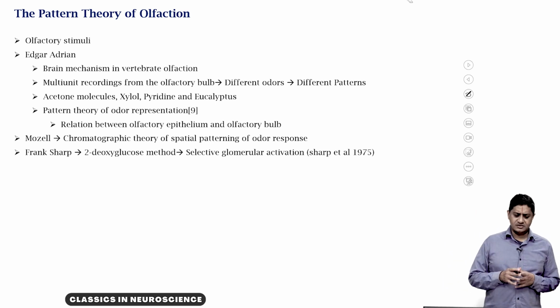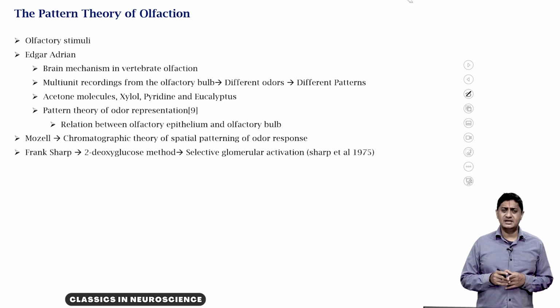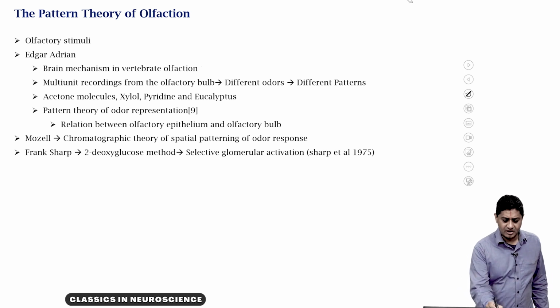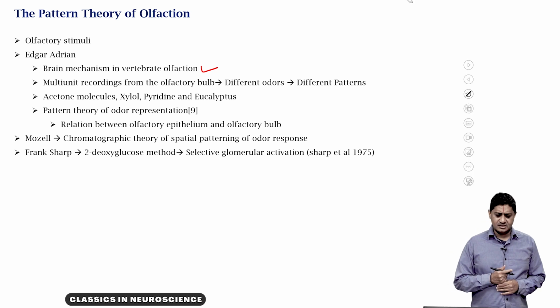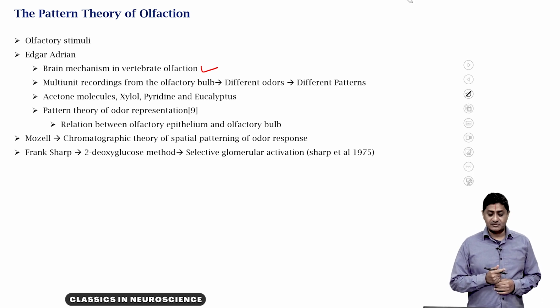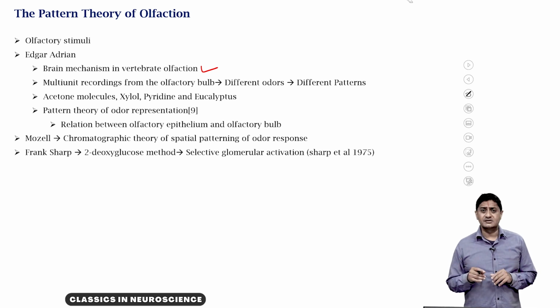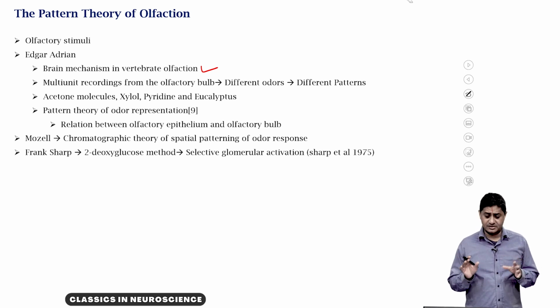This line of work was pursued by Edgar Adrian, who started studying the brain mechanisms involved in vertebrate olfaction. He performed multi-unit recordings from the olfactory bulb. These are not intracellular recordings, nor single unit recordings.